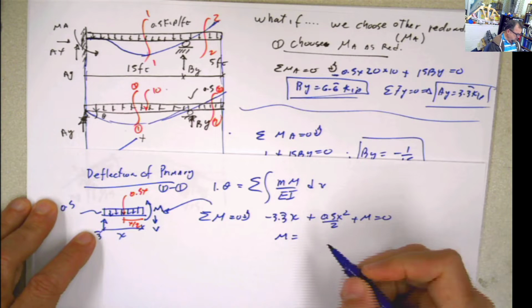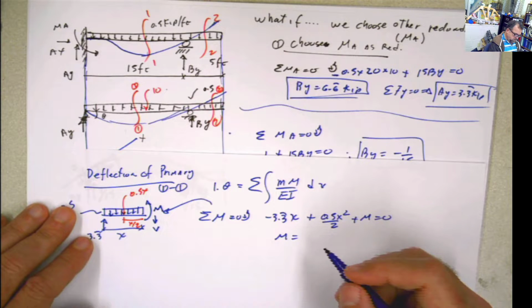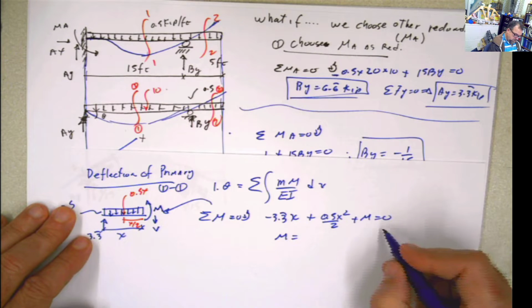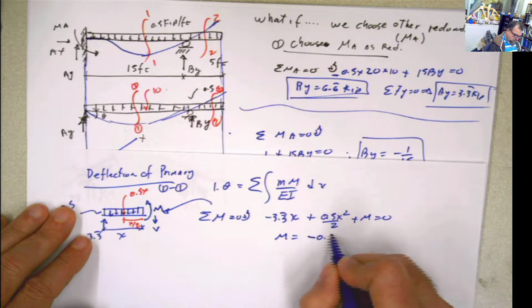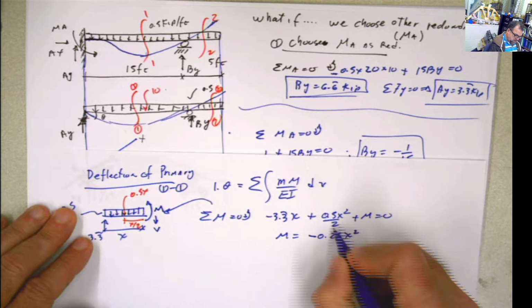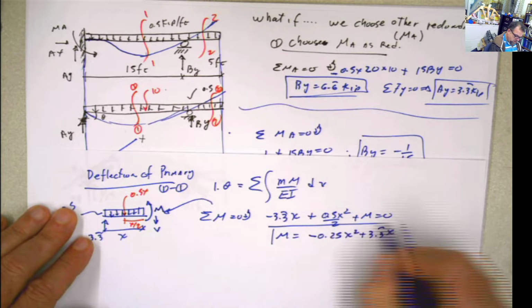M equals negative 0.25x squared plus 3.3x. There you go. We have M.